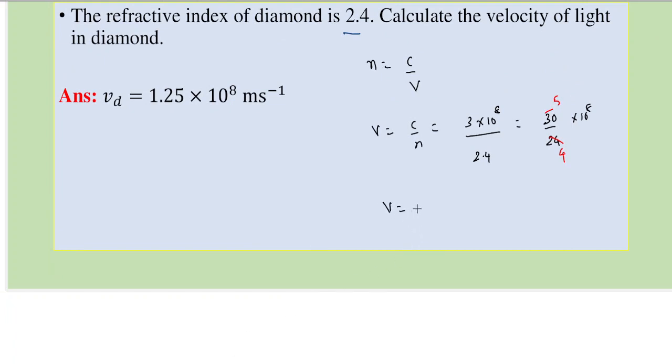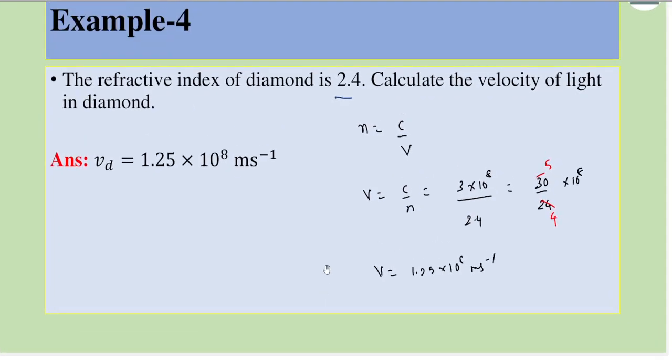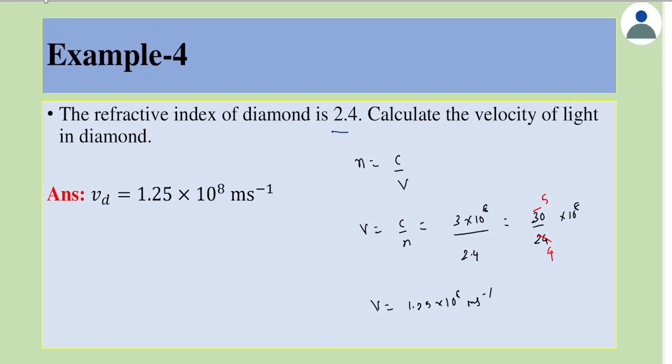The velocity of light in diamond would be 5 by 4 into 10 power 8, which is 1.25 into 10 power 8 meter per second. Again, remember the value of n for diamond, which is 2.4, because we will do some examples or applications based on this.